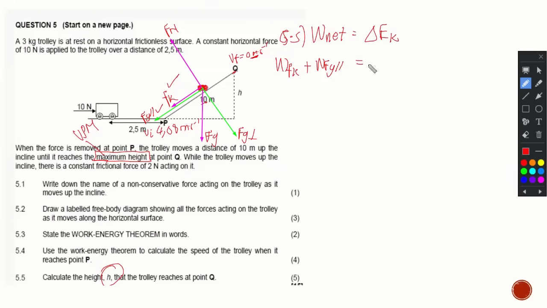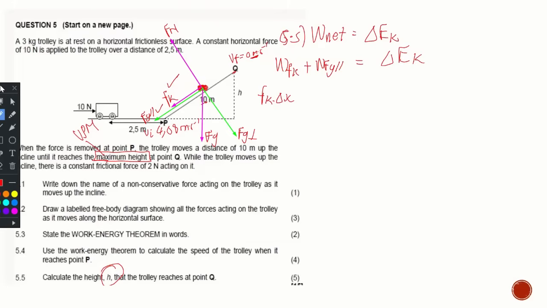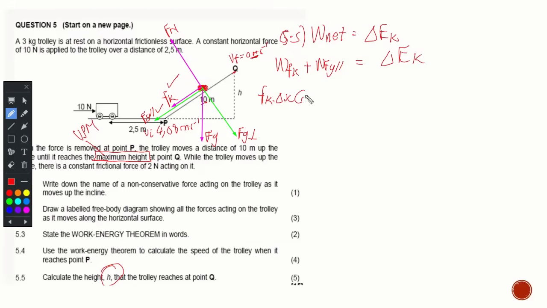Gets a bit interesting now. Let's start by writing this first, and then let's break it down. This is going to be Fk delta x cos theta, plus this one breaks down to what? Remember, Fg parallel is actually mg sine theta, right? So note this.